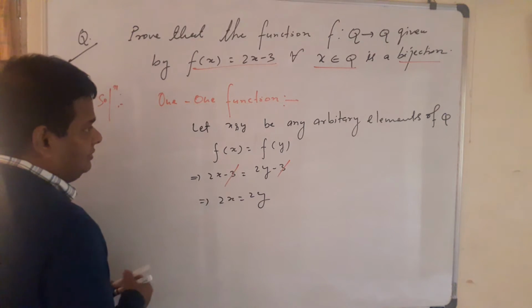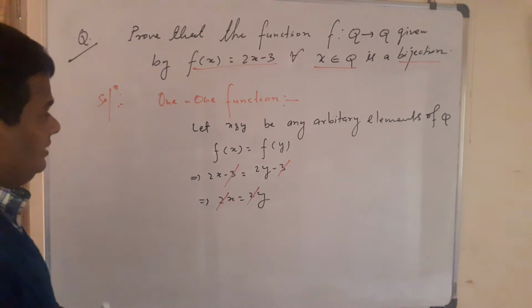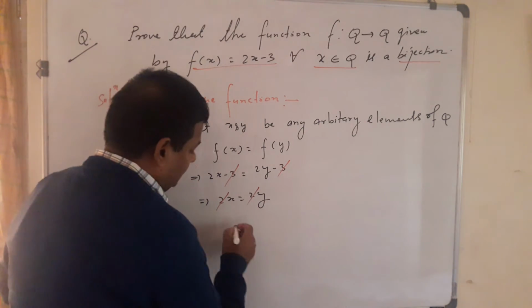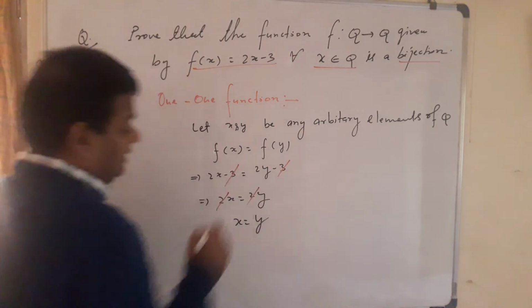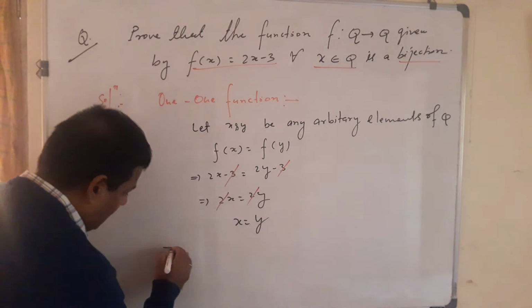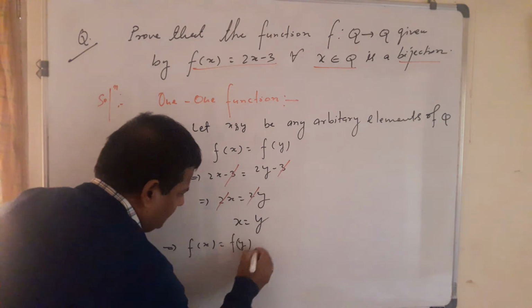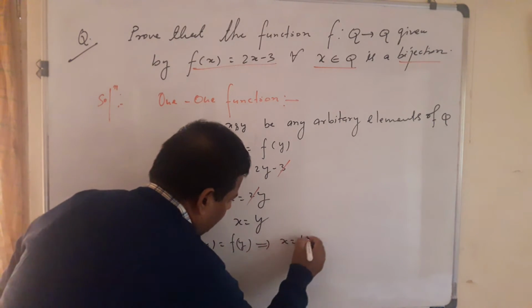Now 2 and 2 cancel. It means x is equal to y. So f(x) equal to f(y) implies x equal to y.